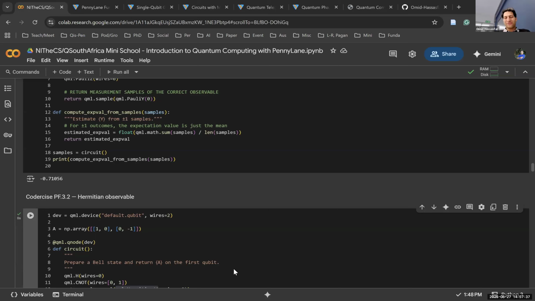Probably I will check it after the session, and if I find something, I will put it into this Google Colab. Thank you very much for the question. It's a very important question. Actually, one of the goals of all these papers is usually to optimize the algorithm with fewer gates, fewer two-qubit gates, fewer CNOTs, and also smaller depths.